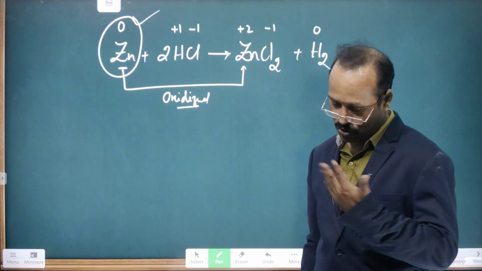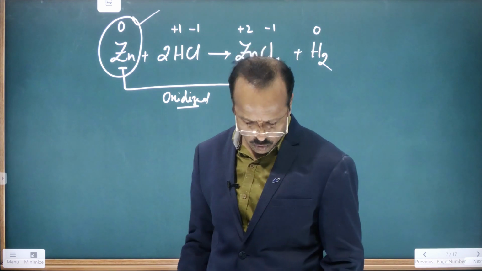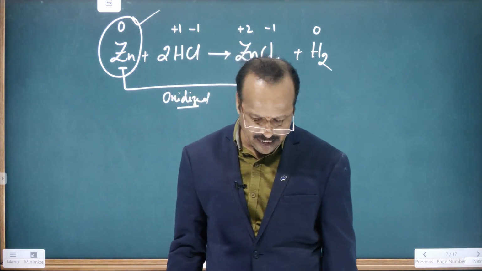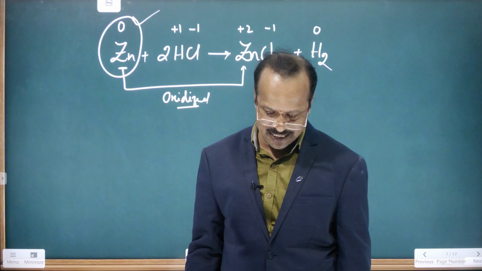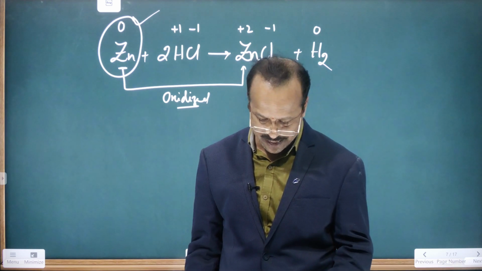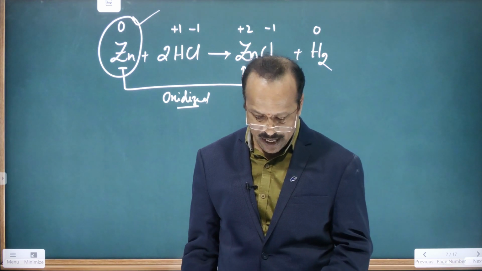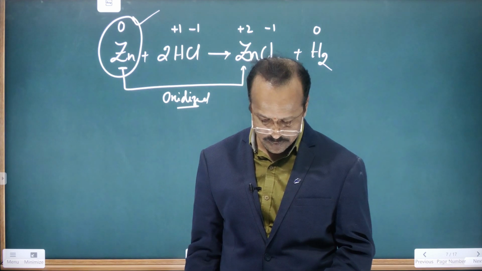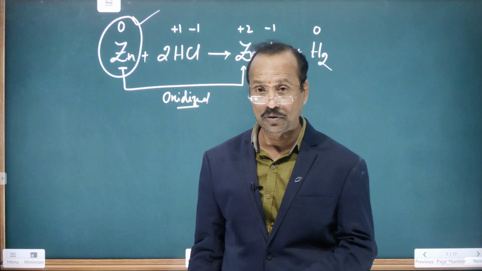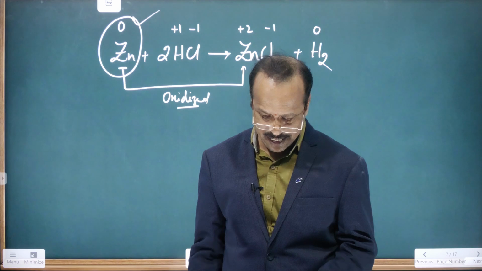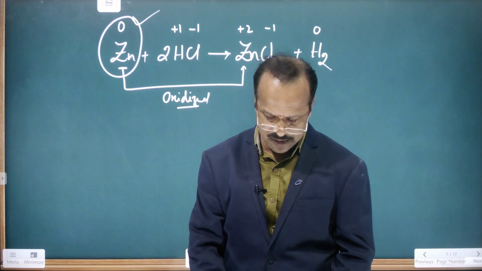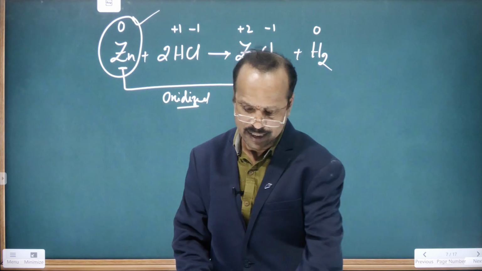Understood? Now the reductant in the following reaction. Reductant, which acts as a reducing agent, that is called a reductant. So here, students, for this you need not write all this.